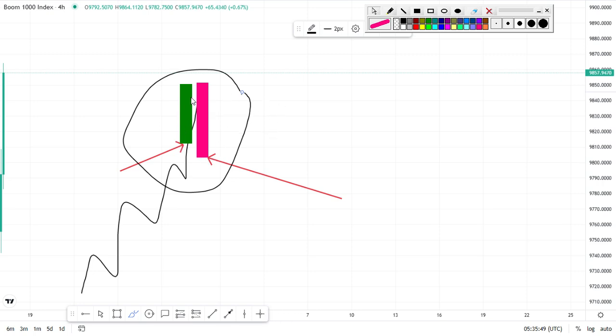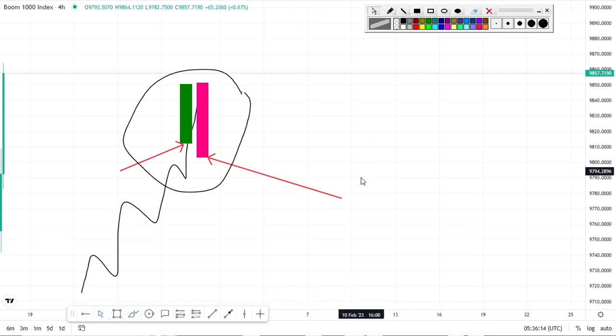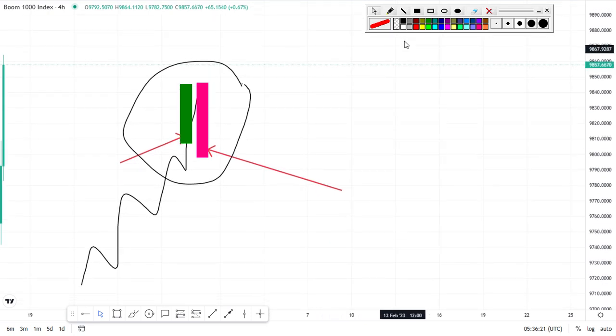Okay, so this is bearish engulfing. The opposite is the bullish engulfing. So let's say that the price has been pushing down and at a point the price decided to create this candle right here.